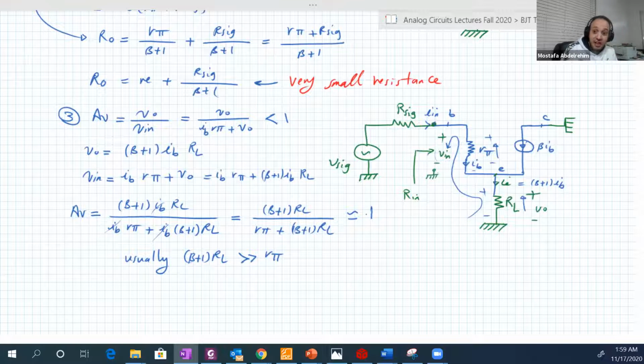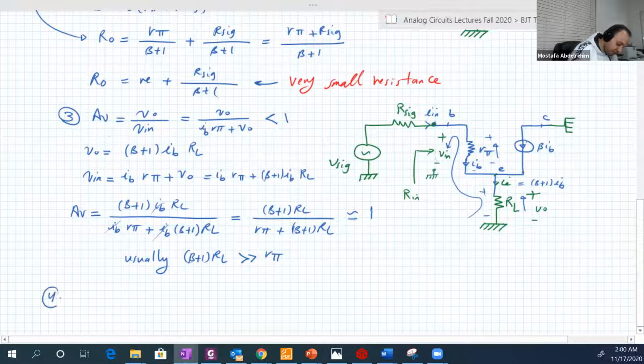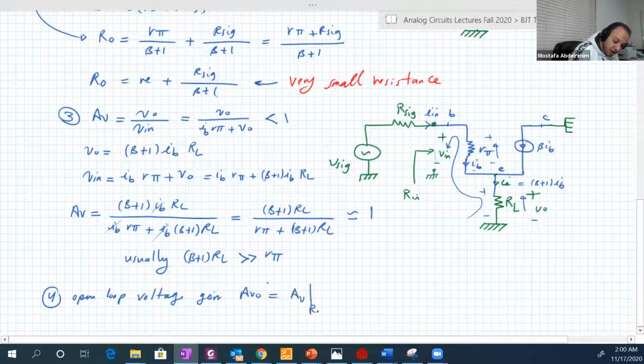And it will become clear now if we calculate the open loop voltage gain. So for number 4, the open loop voltage gain, which is AV naught, which is AV when R load equals infinity or open circuit, right? So let's divide the numerator and the denominator by RL.